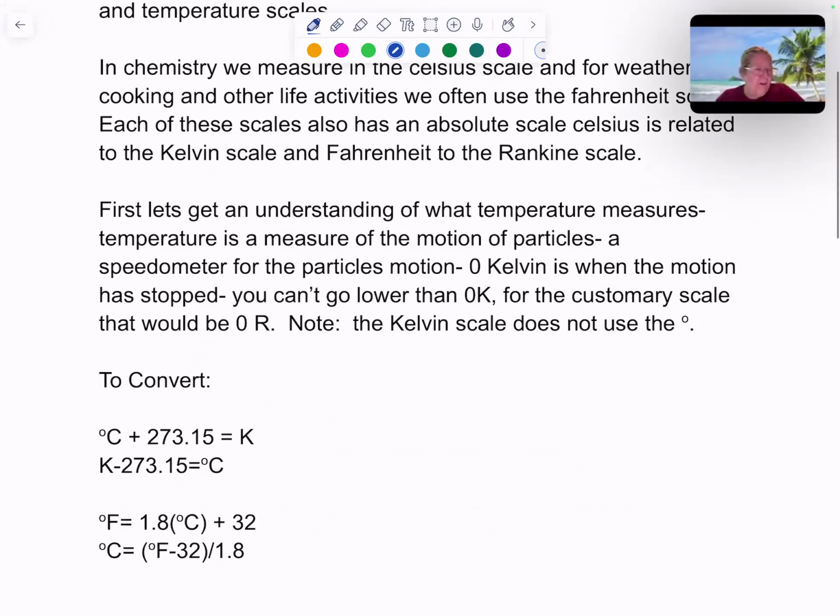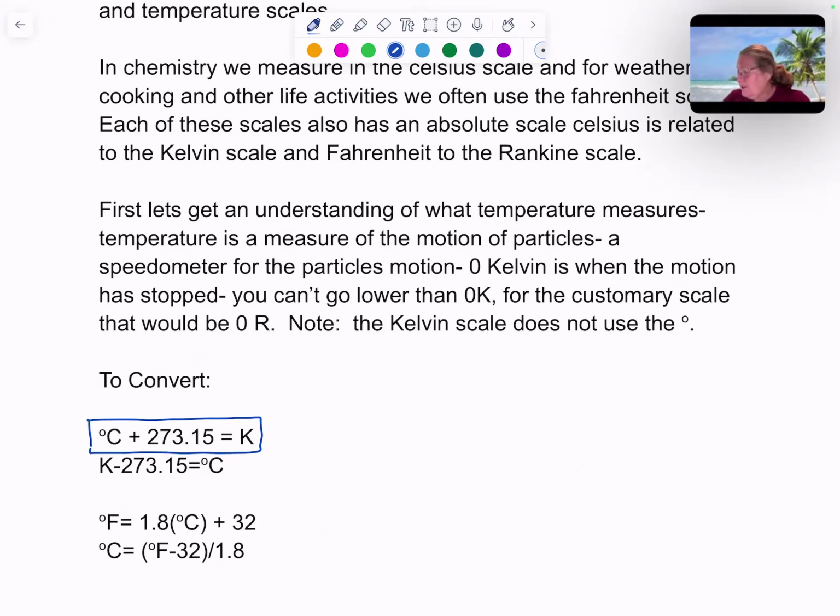First of all, these units and conversions you kind of need to know. I've always had my students use 273.15 as the conversion factor to go from Celsius to Kelvin. Some teachers simplify it to just 273. Here I'm going to use 273.15, but we can also show it to you with just 273.